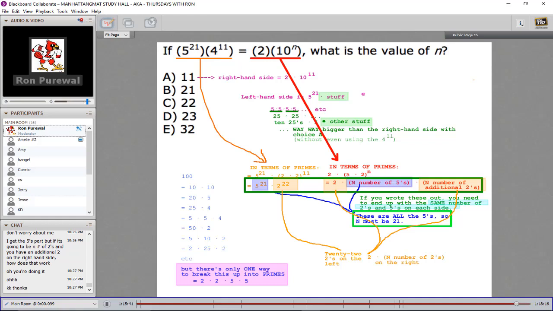So in other words, if you have this, then that has to be 22 2s. So therefore, n has to be 21 because of that additional 1. Give me a smiley face if that makes sense.